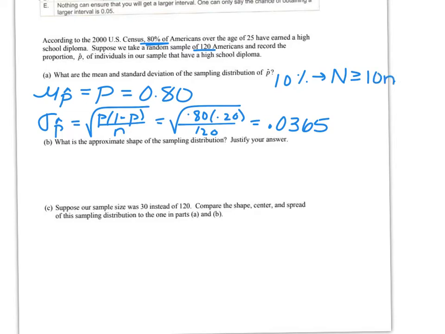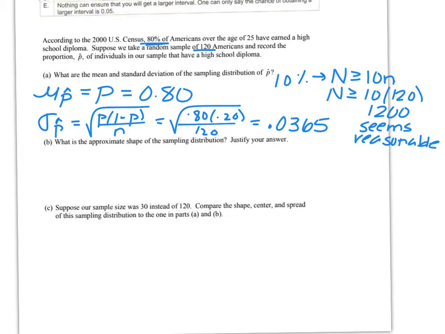So is it reasonable that the number of Americans 25 and older is more than 1,200? So yes, this seems reasonable. So we're good with these calculations, okay?